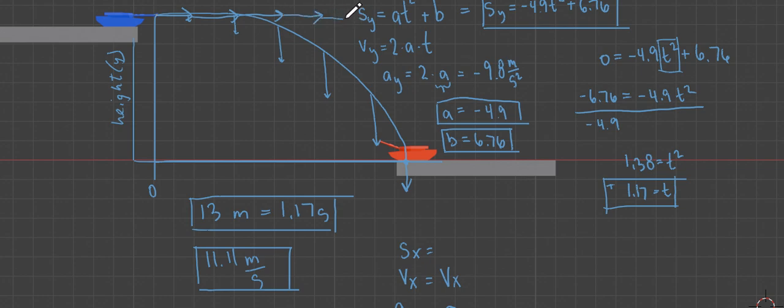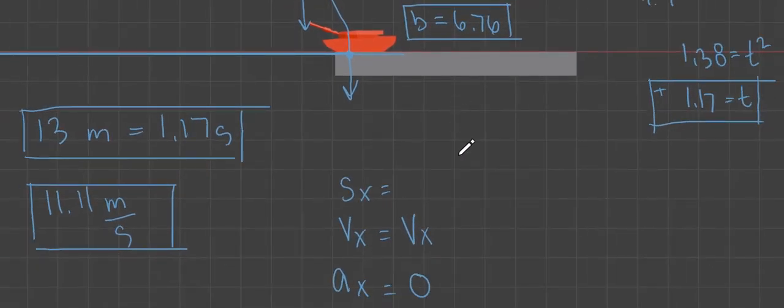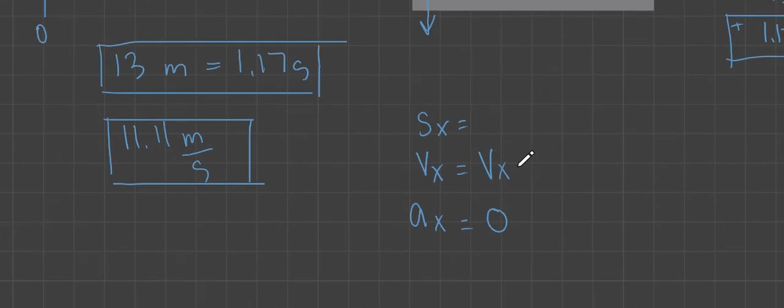Like nothing's accelerating it forward or backwards, so it's just a constant velocity. So that makes sense that the velocity is a constant, and we figured out what that number is. It's 11.11 meters per second.